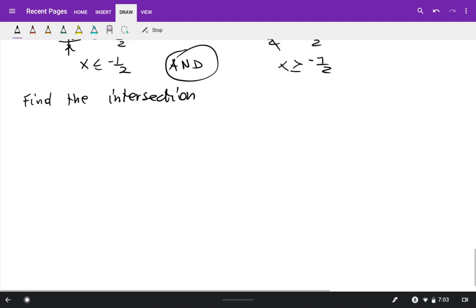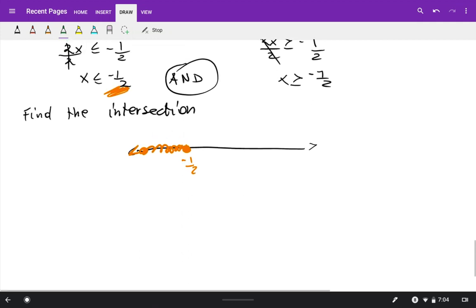Okay, so let's find the intersection. I'm going to graph both inequalities on one number line. The first one will be in orange. X is less than or equal to negative 1/2. So I have negative 1/2. Less than or equal, so I'm shading everything to the left side. And the solution of the second inequality is in green.